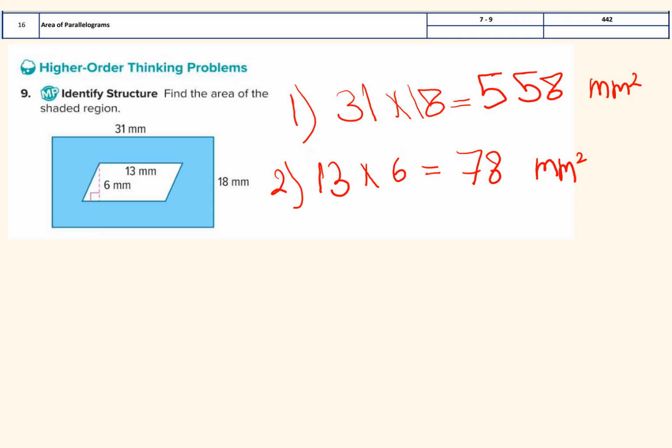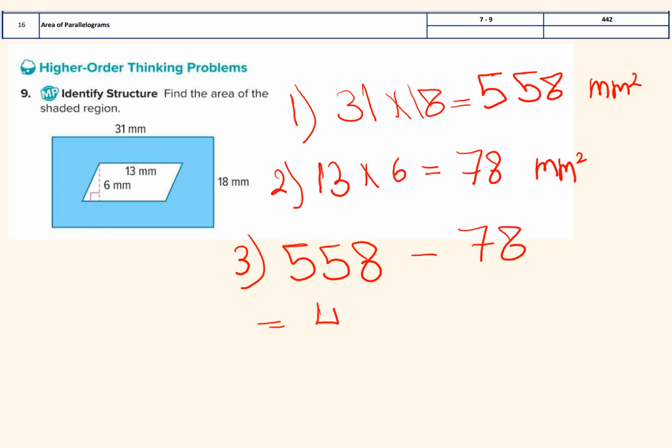Finally, to find the area of the shaded region, all you need to do is subtract the area of the inner shape from the total area. So 558 minus 78, which is 480 squared millimeters. That's it for this question.